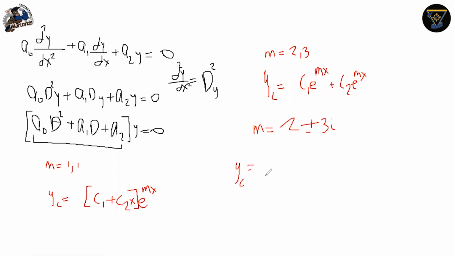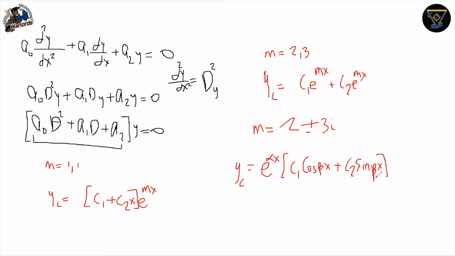It's e to the alpha x, multiplied by c1 cos beta x plus c2 sine beta x.